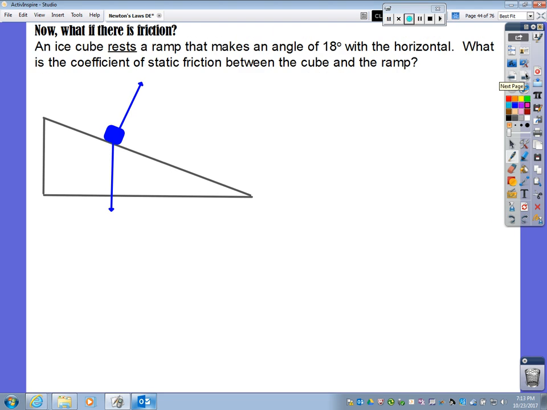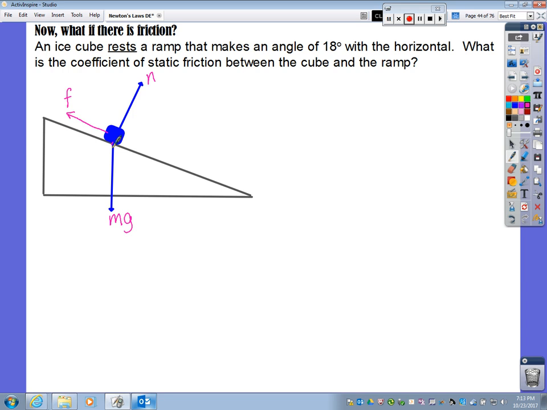Now the ice cube rests on the ramp, and there's friction. So we've got these two forces, mg and normal force. Now we've also got friction, and that's pulling in the direction up the ramp. That's preventing it from sliding down. So we're going to assume that the friction is at its maximum, so it is just barely prevented from sliding down the ramp.